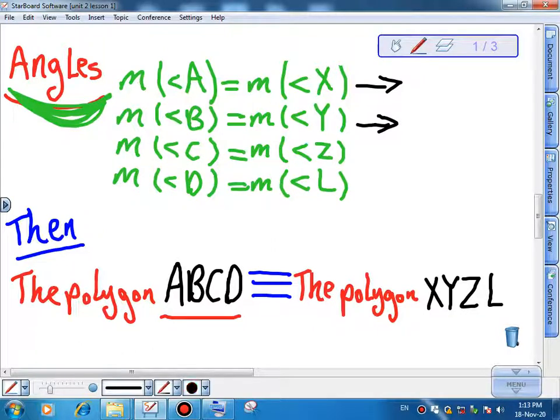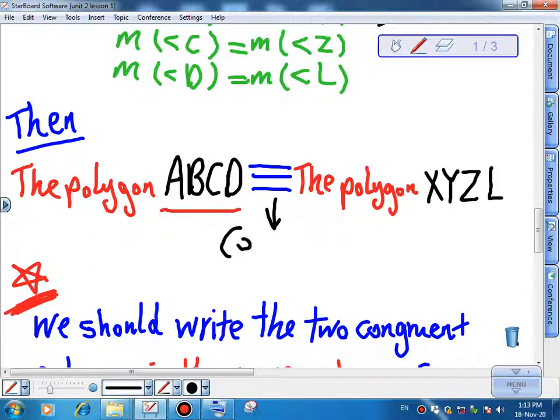This symbol is the meaning of congruent, with triple lines. It is not the equal sign: that is called equal, but triple lines mean congruent. The first polygon ABCD is congruent with the polygon XYZL.